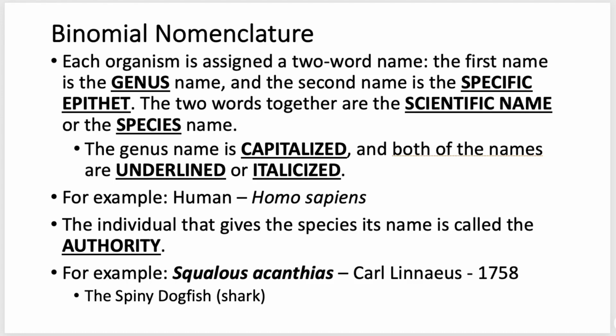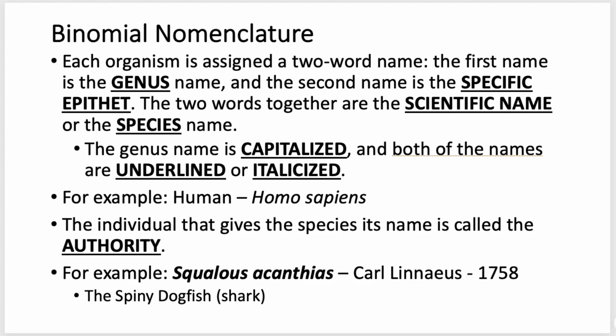So if you're reading a scientific paper and you see something like Squalus acanthius, and it's written italicized, the first word is capitalized, second word is lowercase, that is from that binomial nomenclature of Carl Linnaeus. And it usually has some kind of Latin name to it, because that's what they've used for a long time in science. And that's carried over, and even if they name something new, they'll try to give it a Latin sounding name or use a Latin word.